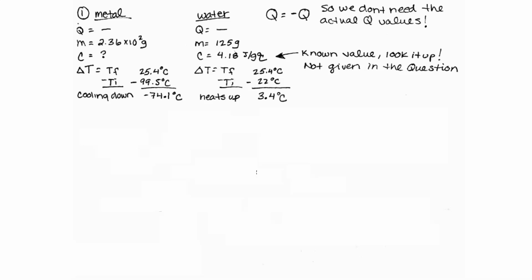And because it can absorb more and more energy before the temperature goes up, you will see a smaller delta T for the water than you will for the metal. 4.18 joules per gram is a lot of energy, right? So that's why we don't have a big change in our Celsius, in our delta T.